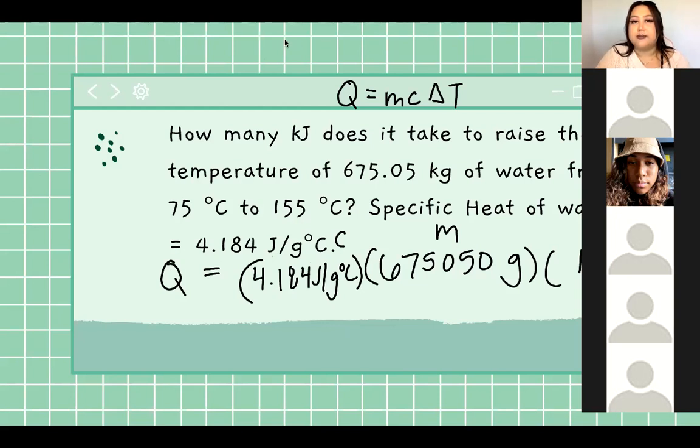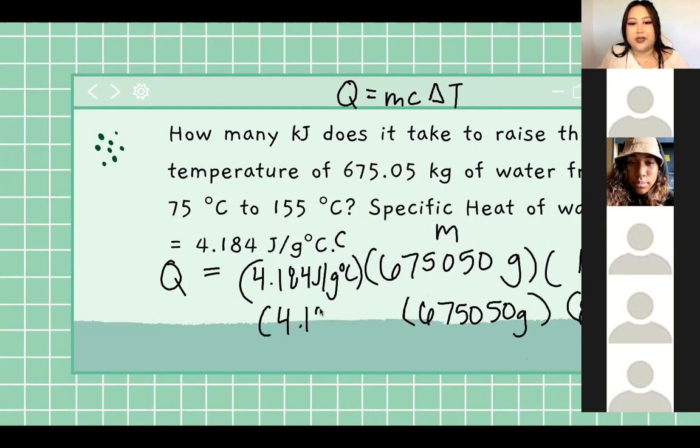And you had said this was 80 Celsius. Bringing everything down: 675,050 grams, 4.184. Right, okay, and multiply them all together.